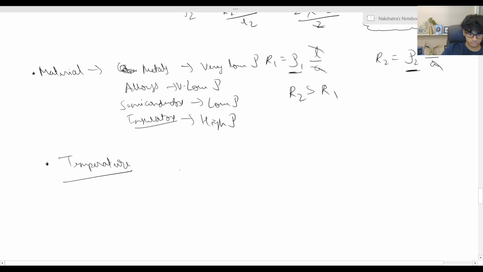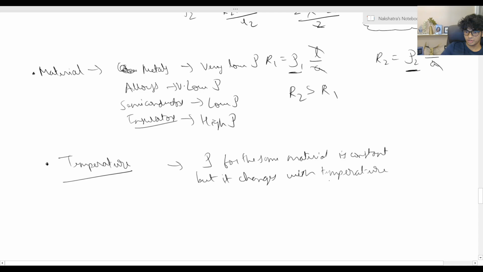We know that the rho or specific resistance for the same material is constant, but it changes with temperature.